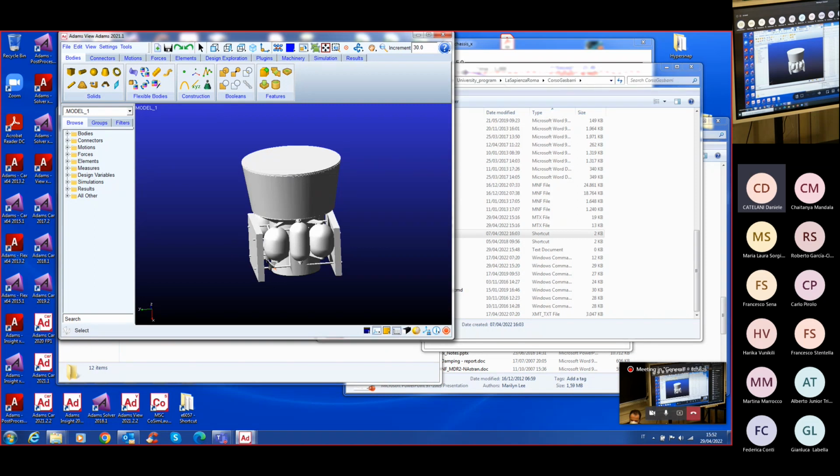This report can be written in Word document, PDF document, PowerPoint document. The important thing is that it must be an engineering report, so everything must be justified, everything must be commented.